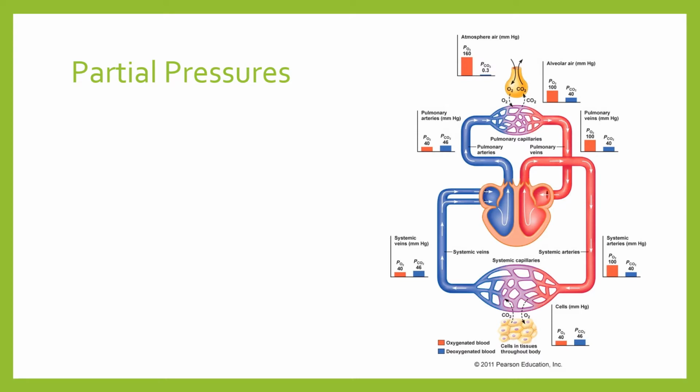Oxygen makes up about 20% of the air, therefore it makes up about 20% of the pressure of the air. So that's what we mean when we say partial pressures. You can go back and watch the previous video on partial pressures to get more information about that, but I'm going to assume that we understand that for now and move on.